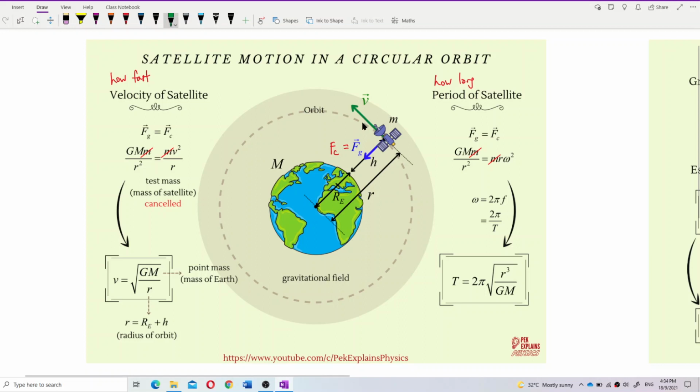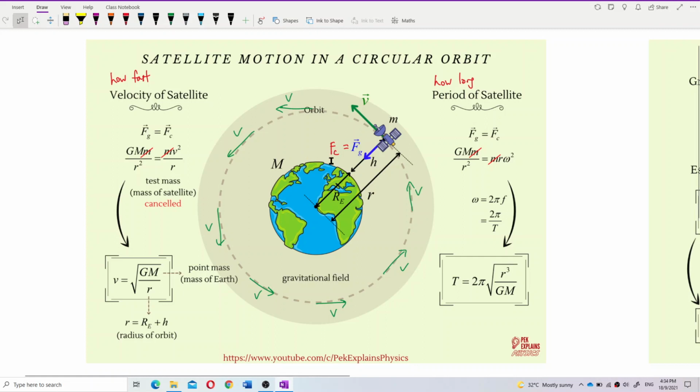You can see the velocity always changes direction: at this moment it is this way, here to the right, to the left, here downward, here to the right, and then here upward. The velocity continuously changes direction, all because of centripetal force.